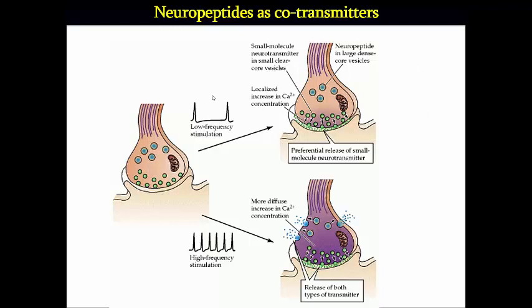Given this context, if we have low frequency stimulation, we have majorly and preferentially release of glutamate only, the small molecule transmitter, and the substance P is still here, not released. But if we have higher frequency stimulation, when we have more diffuse increase in calcium concentration within the presynaptic terminal, the result is release of both types of neurotransmitters.